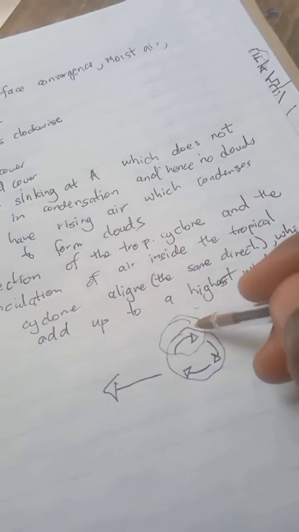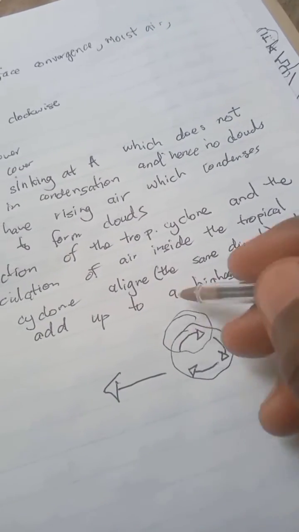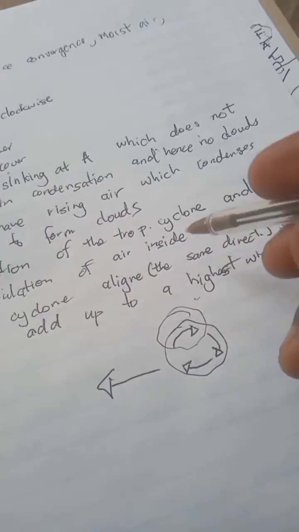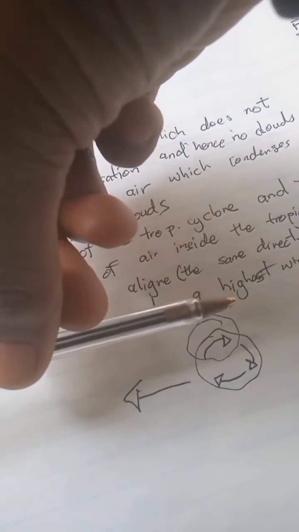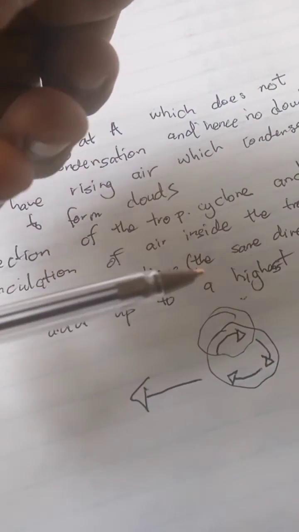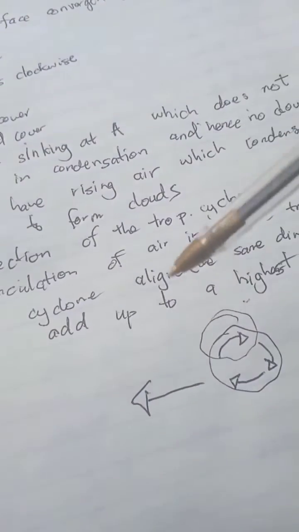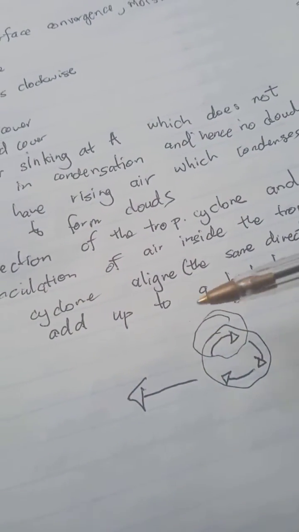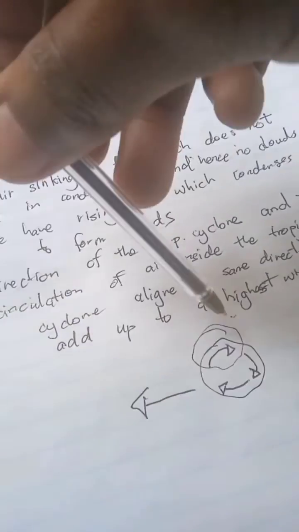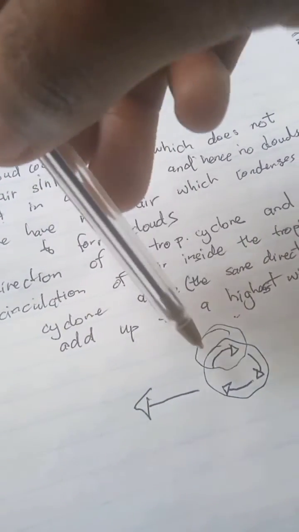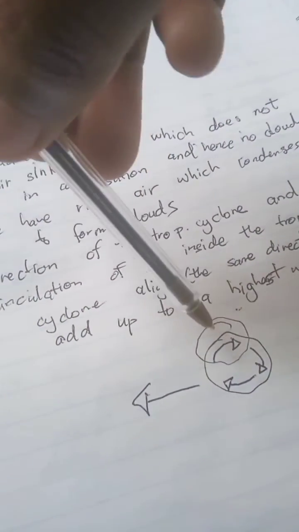So you wouldn't get the strongest winds here, because you have winds that are contrasting, or opposite, going in the opposite direction. The direction of the tropical cyclone is in this direction, whereas the direction of the air circulating inside is in the opposite direction.